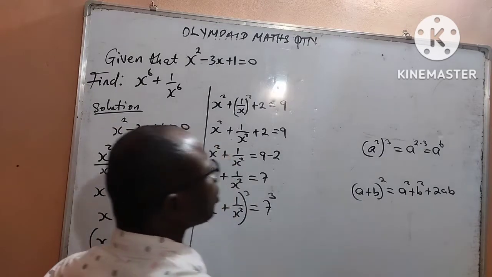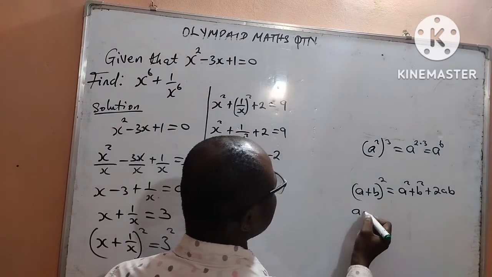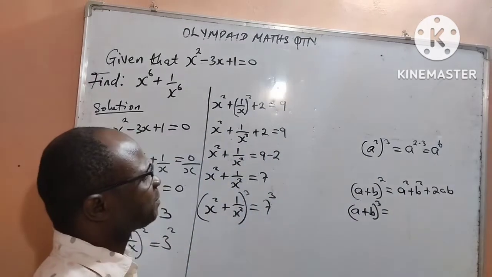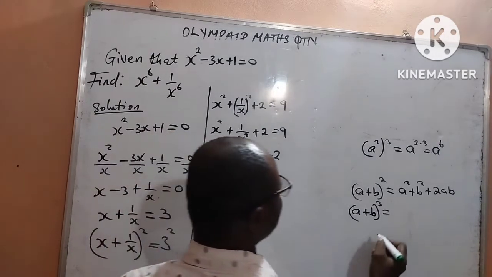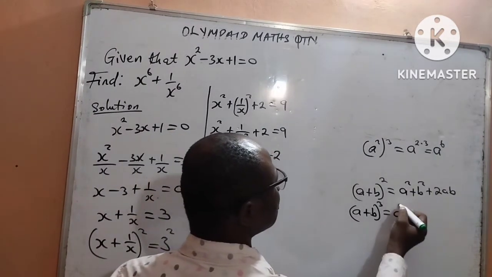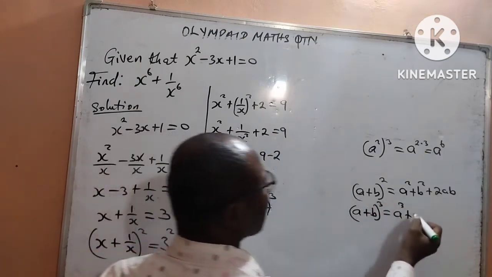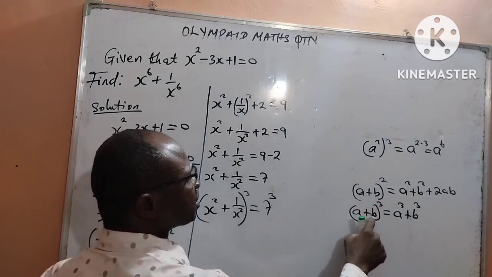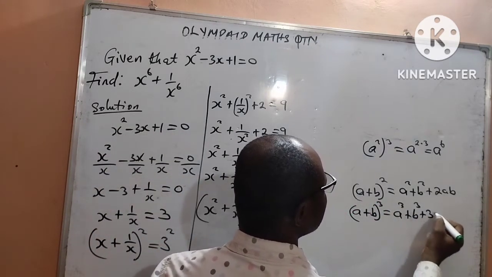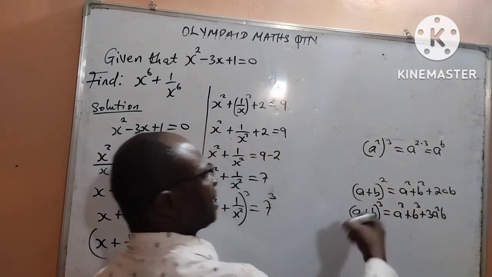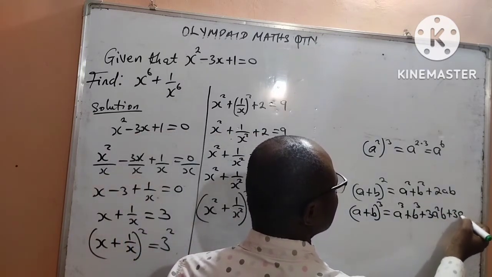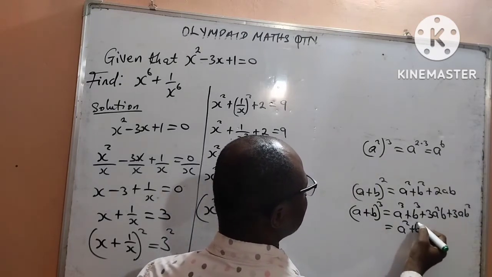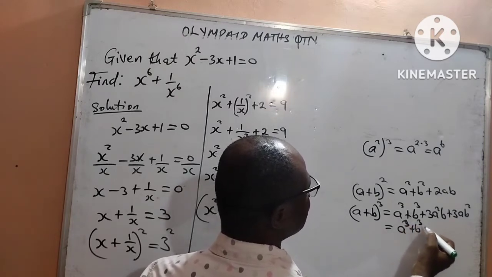But looking at that, what if I have (a + b) all to the power 3? What shall it give me by expansion? It is going to give me a^3, then the second term b^3, then I will use 3 to multiply these two terms, which will now give me plus 3a^2 b, then again plus 3ab^2.